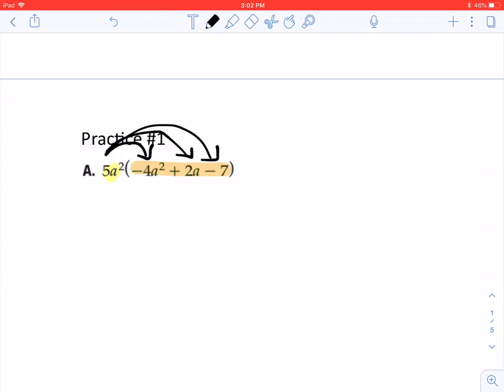So 5a squared times negative 4a squared: 5 times negative 4 is negative 20, and then a squared times a squared becomes a to the 4th. You add their exponents. Now moving on, the 5a squared multiplies the 2a, and 5 times 2 is 10, and then a squared times a is a to the 3rd.